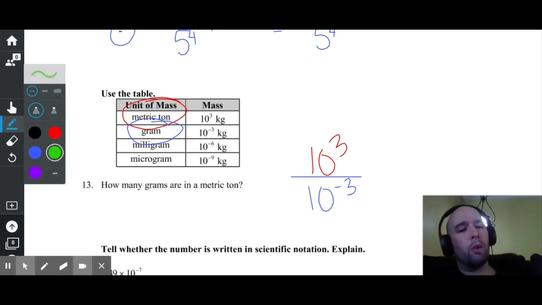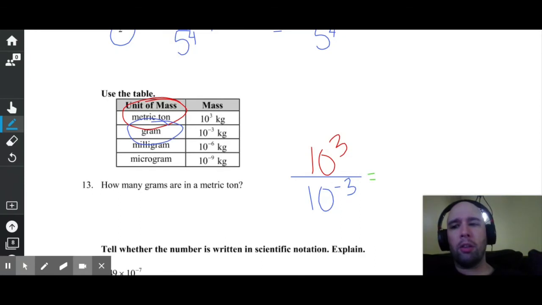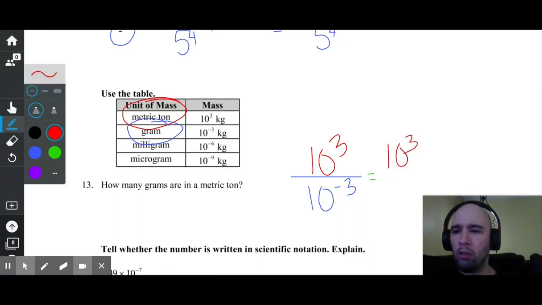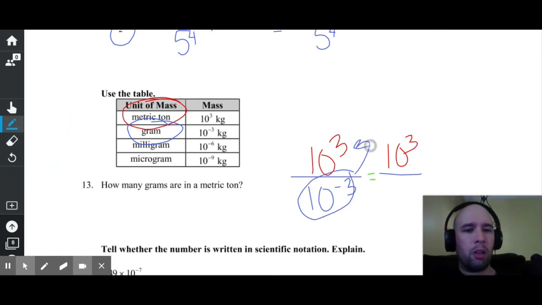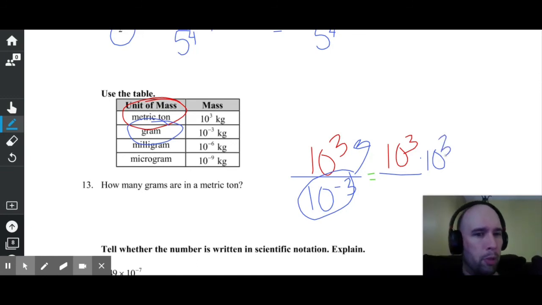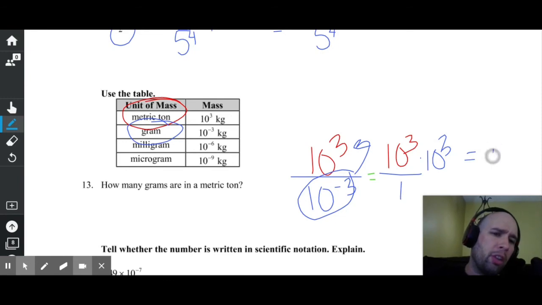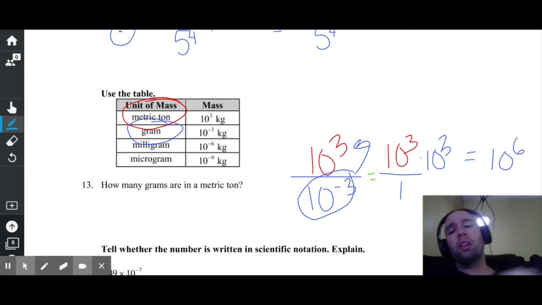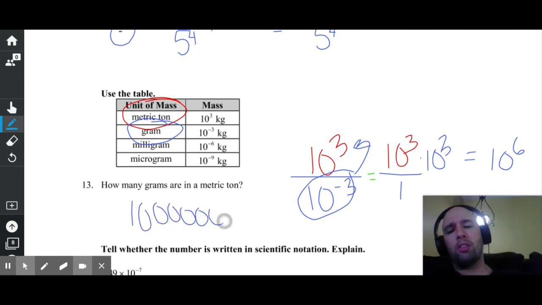So I'm going to keep 10 to the 3rd upstairs. So let me make it red still. And I'm going to move 10 to the negative 3rd upstairs because it has a negative exponent. That's supposed to be a 3, but the lag. 10 to the third times 10 to the third is 10 to the sixth. Over 1's useless. 10 to the 6 is the 1 with 1, 2, 3, 4, 5, 6 attached to it.